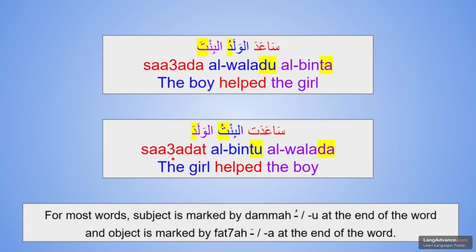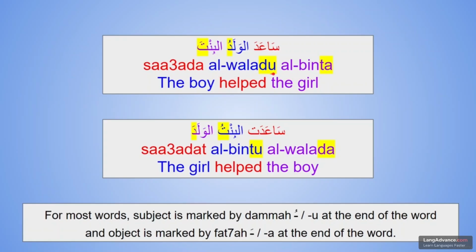And then we want to see how the grammatical indication of the subject and object changes. So we have here these two similar sentences, but in one of them the boy helped the girl, and in the other the girl helped the boy. So let's see the grammatical indication or i'rab of the subject and the object. In the first sentence, the boy helped the girl, it is ساعد الولد البنت.